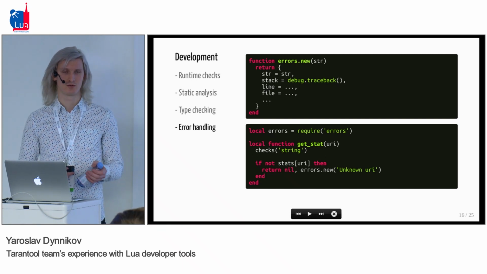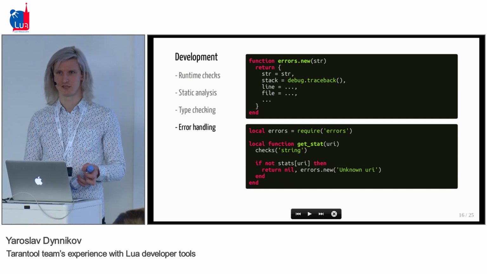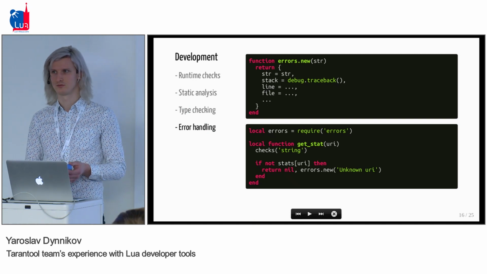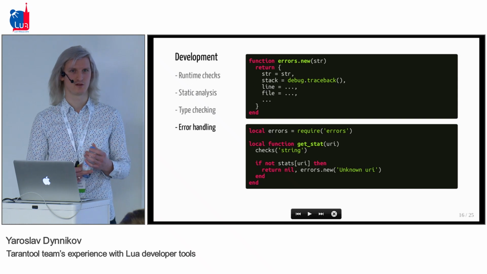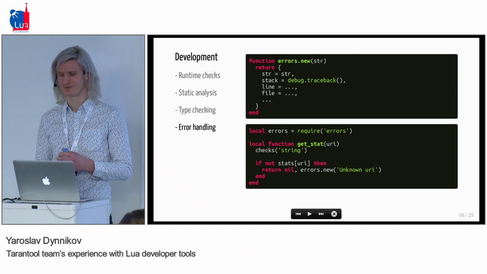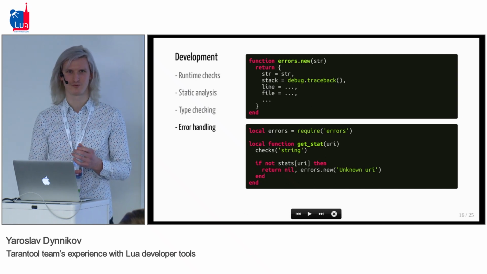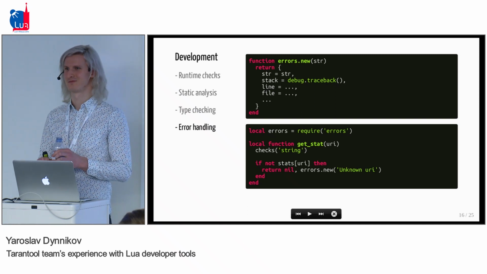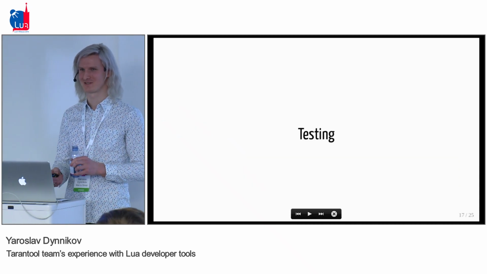That way you get both the message and the traceback, and you can operate on those objects as you want. I guess a lot of people do something similar in their projects. Can you raise your hands, please? Who else uses some error wrappers instead of just strings? Okay. Just for statistics.